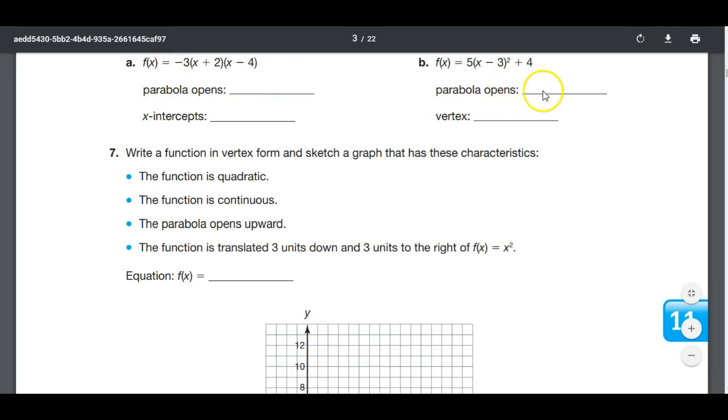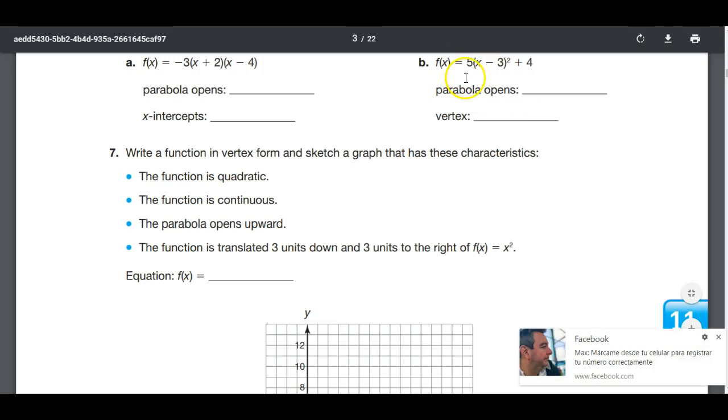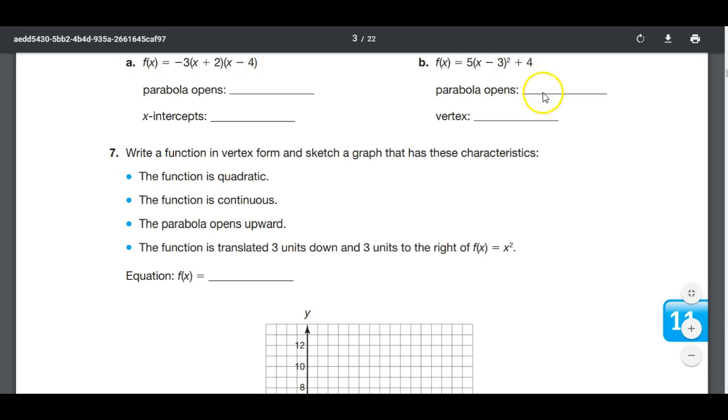Here I have vertex form. Now in vertex form, to find out whether or not the parabola opens up or down, I just have to look here at A. It says 5, that's a positive value, right? So that means the parabola is opening up.